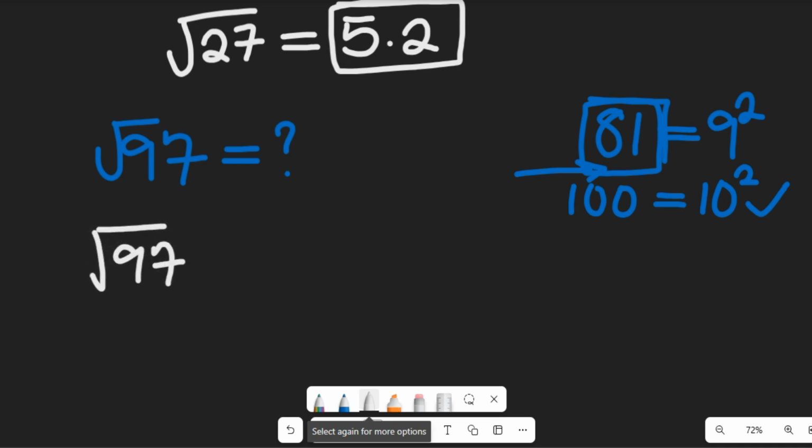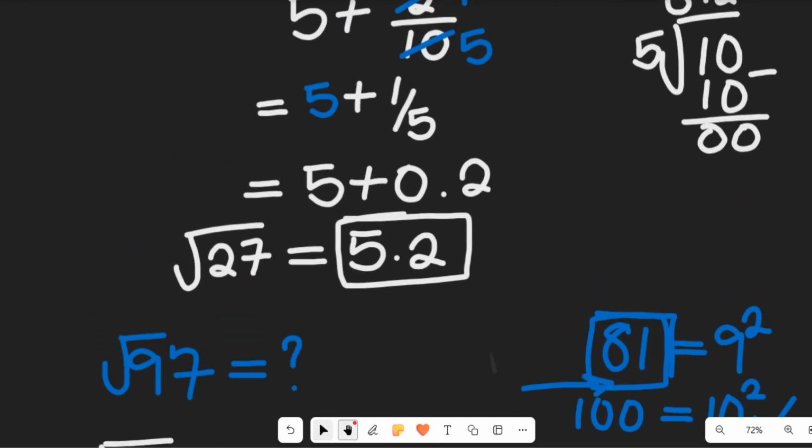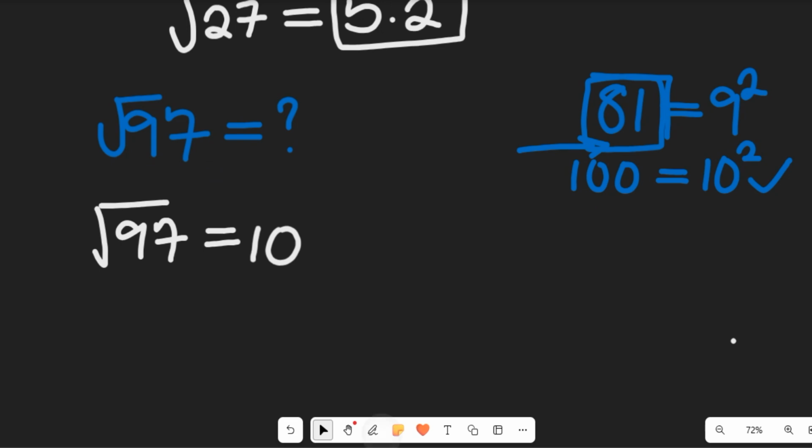The square root of 97 will be equal to the perfect square after it, which is 10. So instead of putting the plus we put at that time, remember we put plus, this time we will put minus, because the number comes after the number we are finding the square root of, which is 97. So this one will be minus.